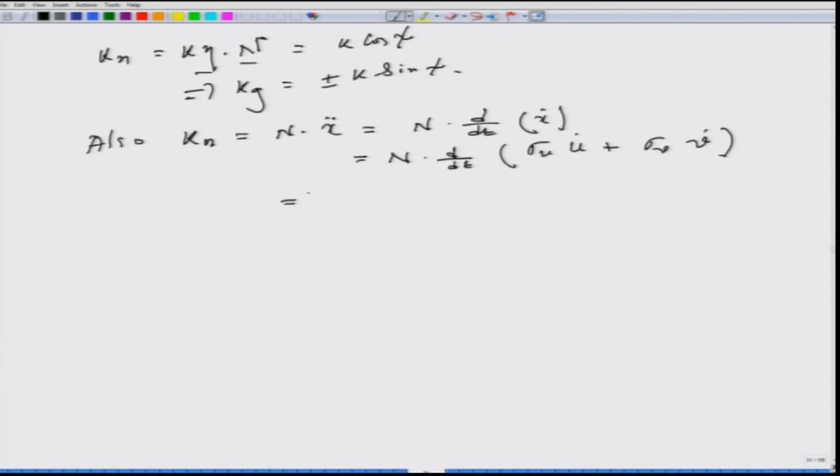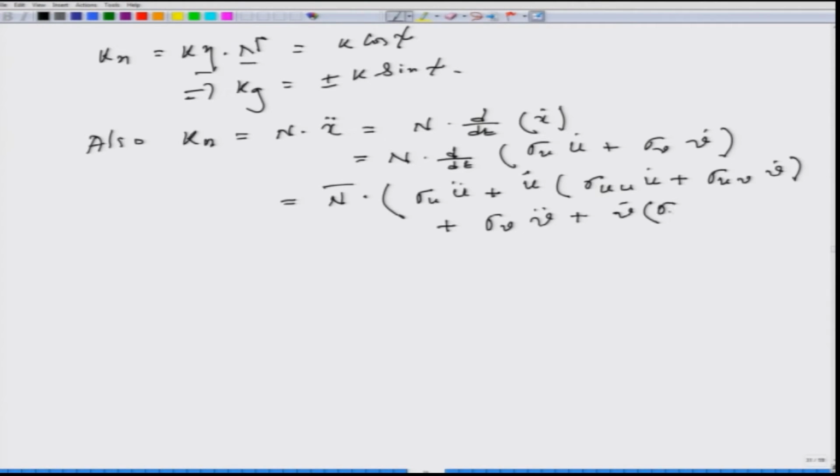So I write it now as n dot sigma_u u double dot, but then I have to have a u dot, and with u dot I should have again sigma_u u dot plus sigma_uv v dot, then I will have it with v: sigma_v v double dot plus v dot sigma_vu u dot plus sigma_v v dot. Okay.